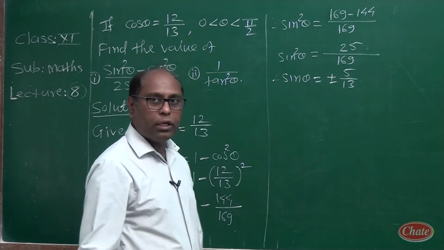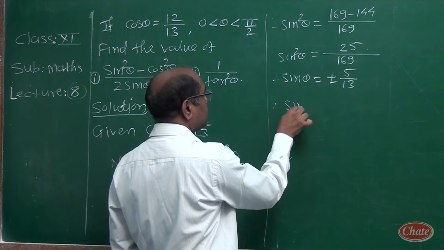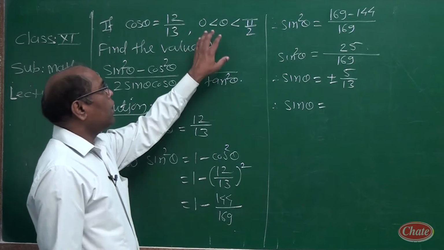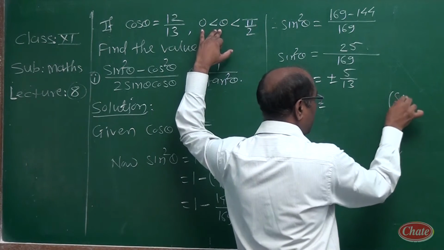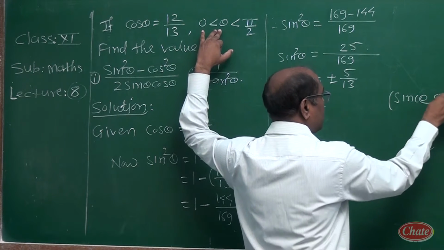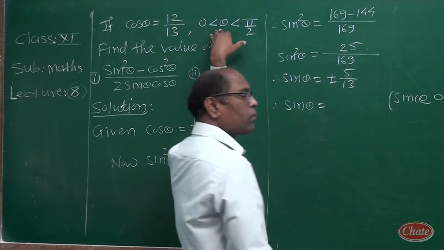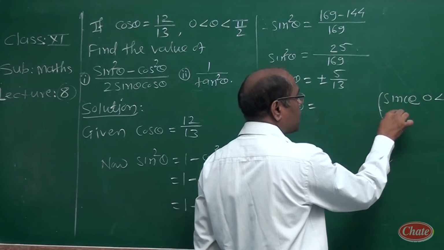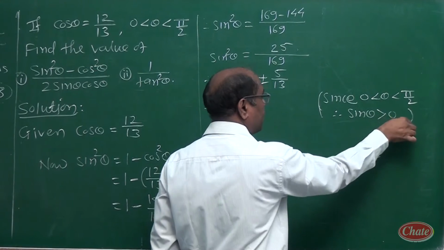Now see here, we are given that theta lies in the first quadrant, since 0 less than theta less than pi by 2 means theta lies in the first quadrant, and in the first quadrant sin theta is positive.